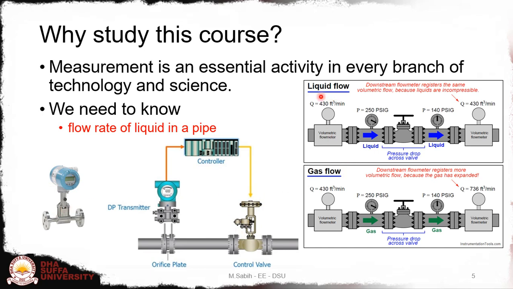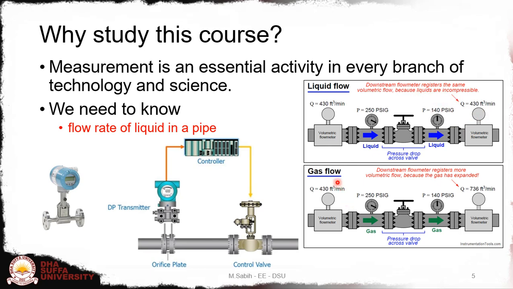According to the situation, for example, if the flow is liquid flow, this is an example in which the volumetric flow measured here is 430 cubic feet per minute. It goes through this pressure drop valve, and after that the second volumetric flow meter downstream is able to read it properly because liquids are incompressible.